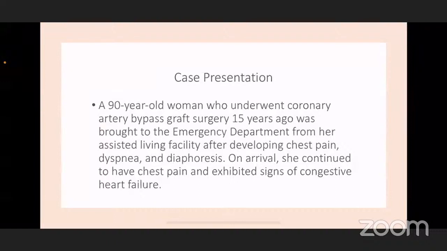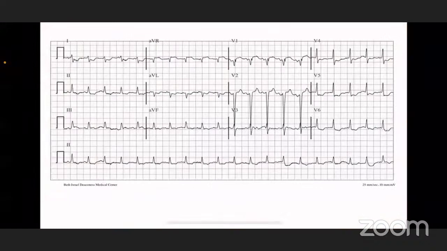Perfect. Okay. After that, we order an ECG, 12 lead ECG. Nice. Okay. So who is this with me? Tasneem. Okay. Hi, Tasneem. So you did order an ECG, and this was the ECG. Great. Now, can anyone read the ECG and tell me what the findings are?